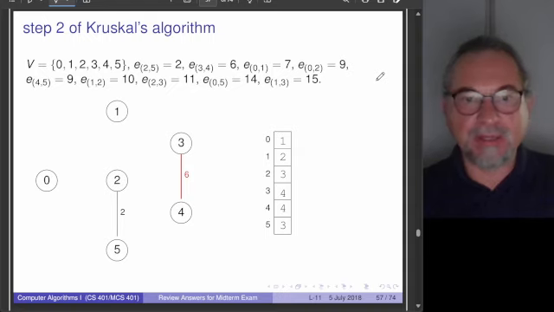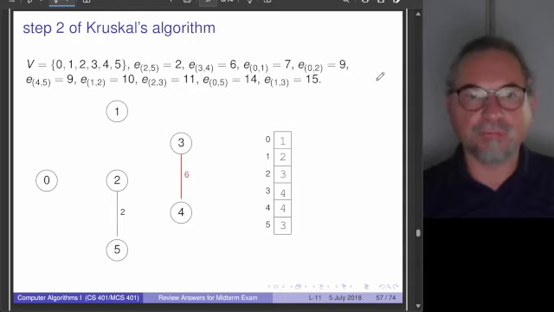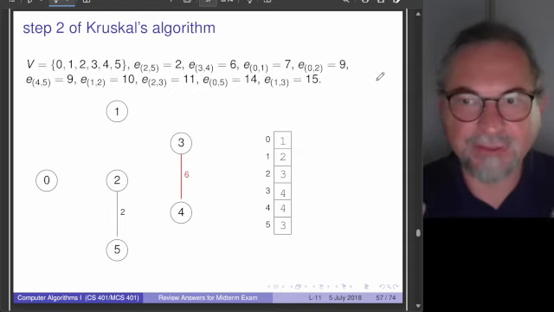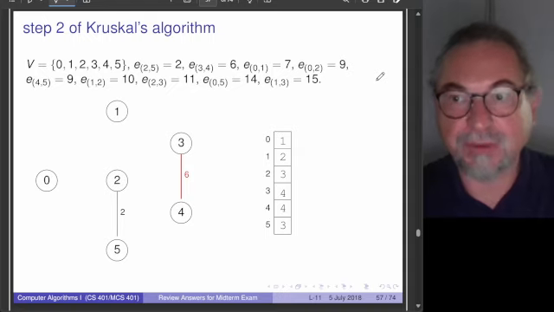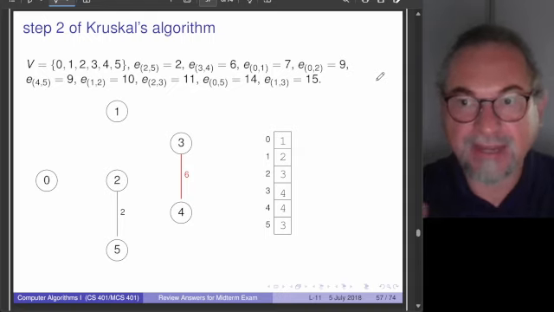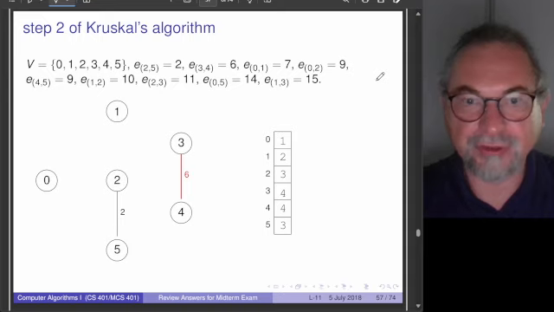So 3 was in component 4, 4 was in component 5, but after this addition we have 4 as the component indicated in this union find data structure, which, as I forgot to mention, is represented by a one-dimensional array. So we have a one-dimensional array, a very efficient data structure.